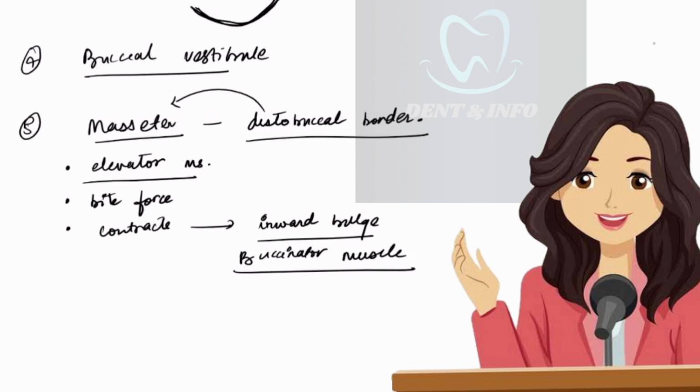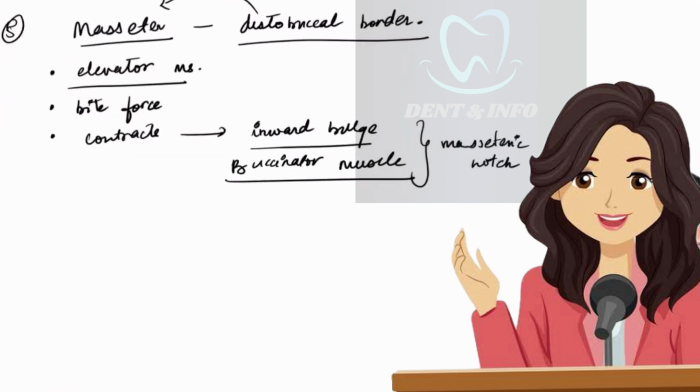So masseter is outside. If you see it 3-dimensionally, masseter is outside, buccinator is located inside. When the masseter contracts here, it pushes through the buccinator, which creates an inward bulge, and together this on the distobuccal border creates something which is called the masseteric notch on the impression.